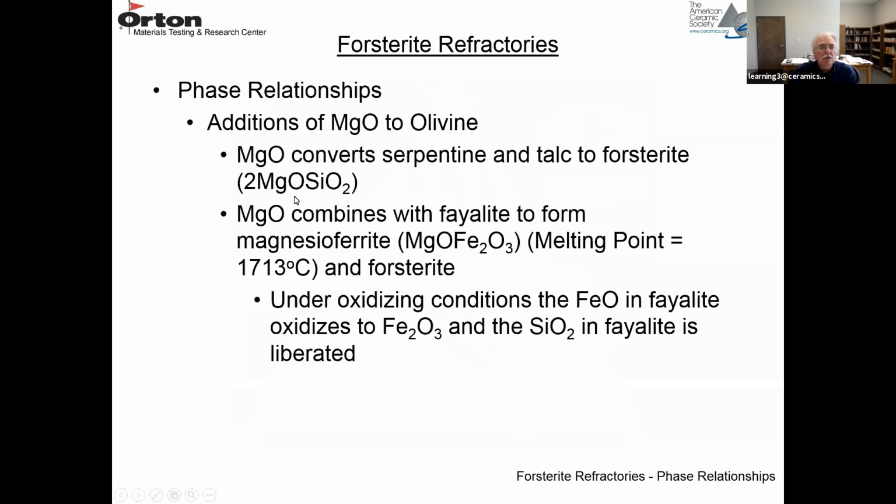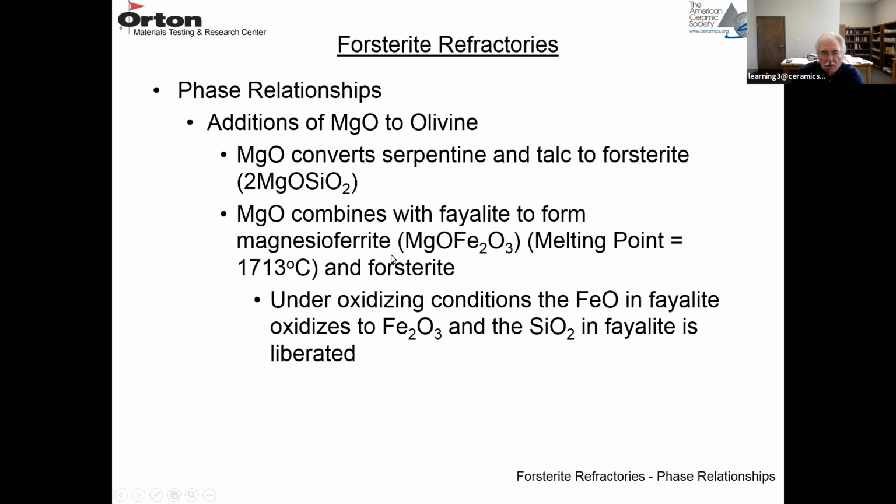So how do you improve olivine? And just like for the chrome ore materials, you can add MgO to olivine. MgO converts the silica that's in the serpentine and the talc to forsterite, to this material, to 2MgO·SiO2. So it can eliminate some of the silicates. And MgO can combine with fayalite to form this magnesioferrite.